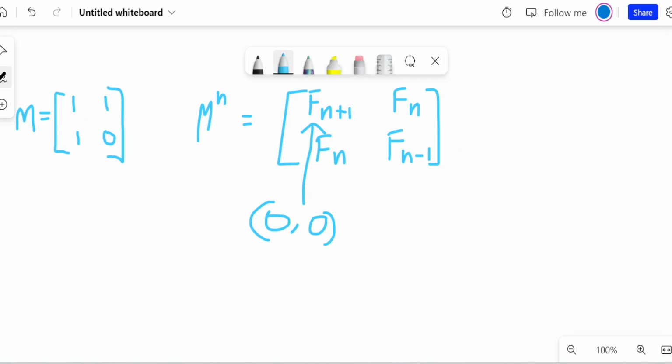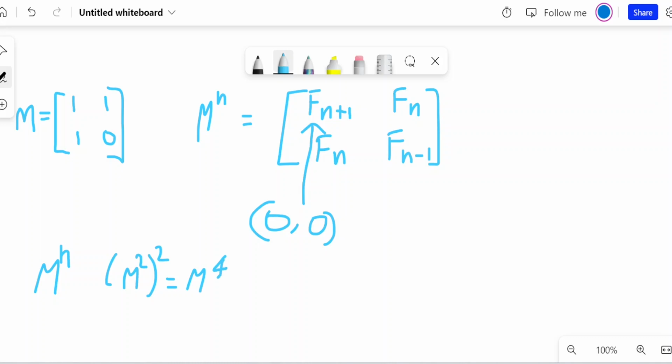Now the real advantage of this is that calculating powers of functions or numbers is actually much faster when we start with powers of 2 and square each resulting term. For example, if we were to calculate m to the power n, we could start with m squared, and we could square this to get m to the power 4.